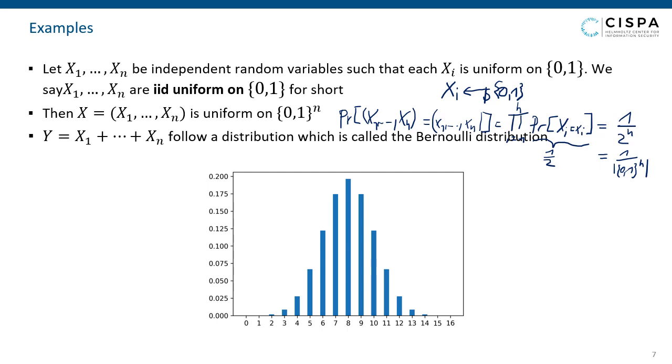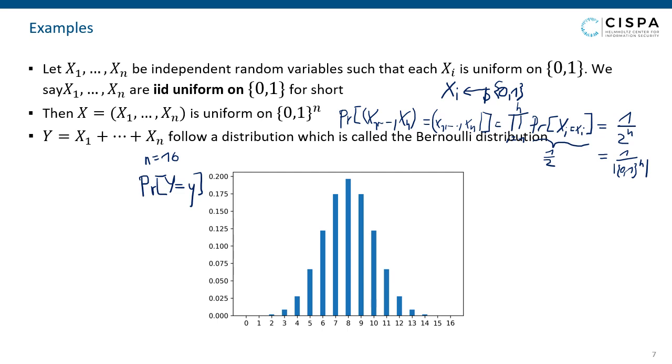And down here I gave you a plot of the function probability y equals, let's say lowercase y, where lowercase y ranges from 0 to 16, and of course my n in this example is also 16.